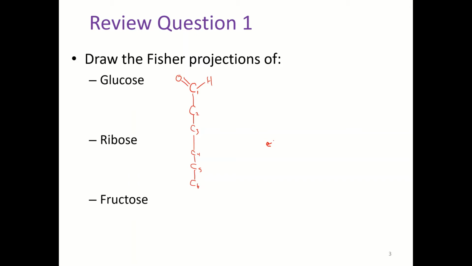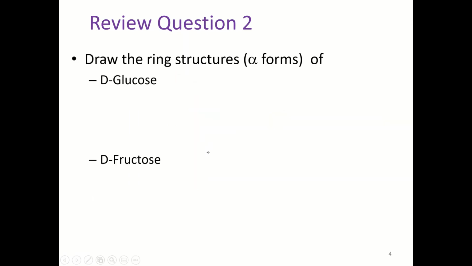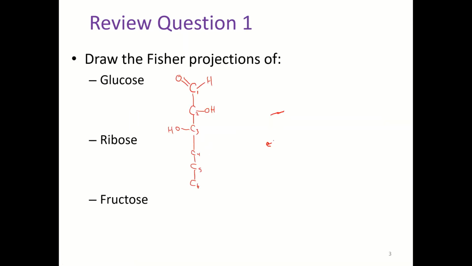So if you're not told, just assume it's the D form. Glucose follows the pattern of right, left, right, right. So starting from carbon 2, the OH group would be towards the right, then towards the left, right, right, and right.